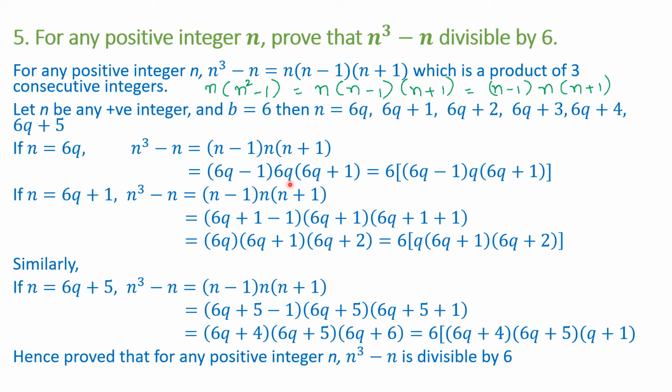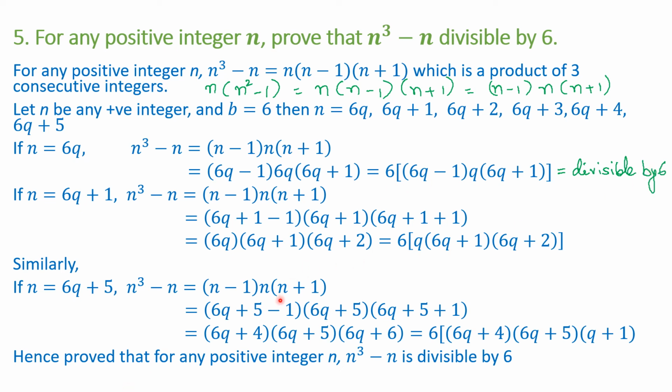If I take out 6 from 6q over here, I am going to get 6 into (6q minus 1) into q into (6q plus 1), which is divisible by 6.